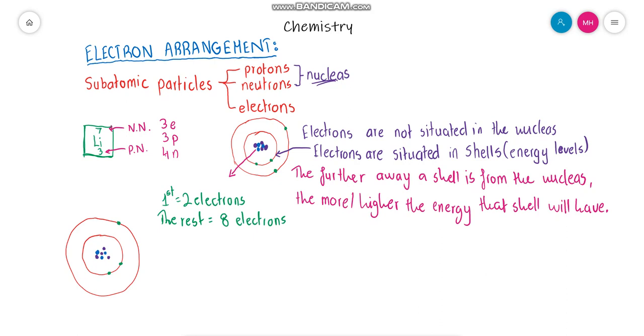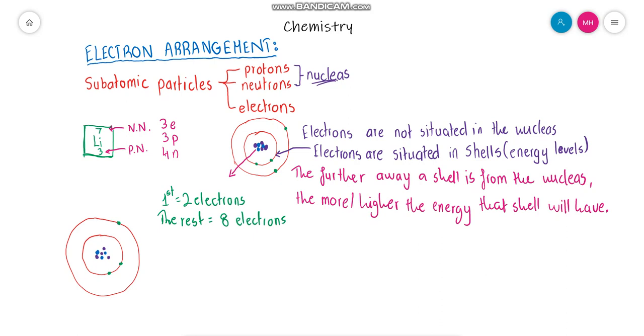Atoms usually want a stable outer shell, and this shell is not stable. Which one is easier? Just losing 1 electron.